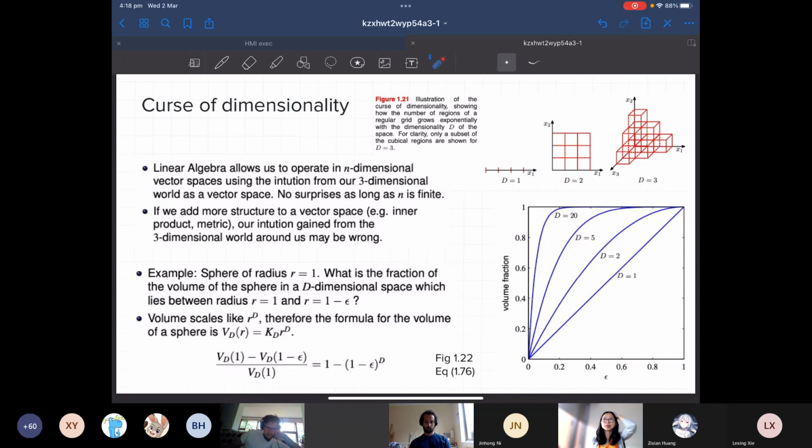In continuous space, the intuition requires some more thinking. Basically, if we consider a sphere of radius r equals 1, what is the fraction of the volume of the sphere in a d-dimensional space between r equals 1 and r equals 1 minus epsilon? The point is to show that most of the volume in high-dimensional space is concentrated in the thin shell near the surface.